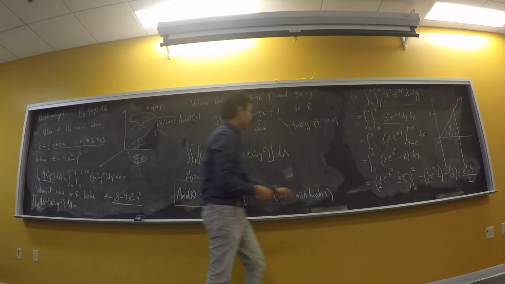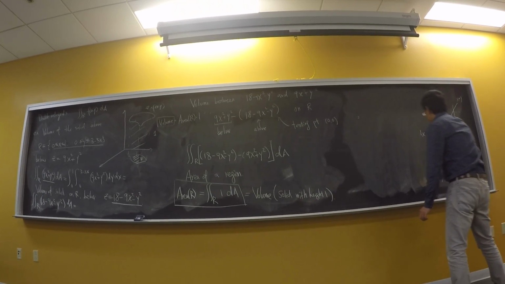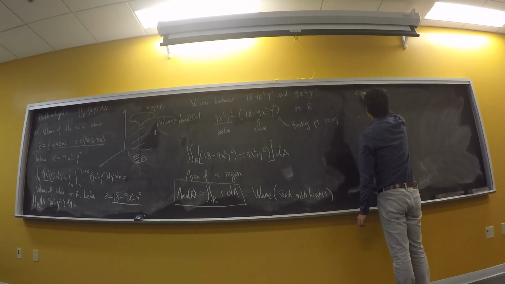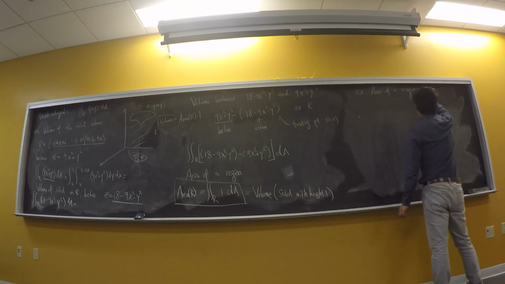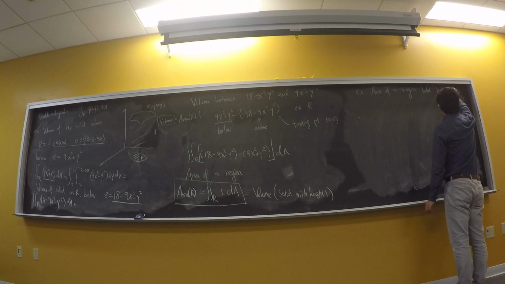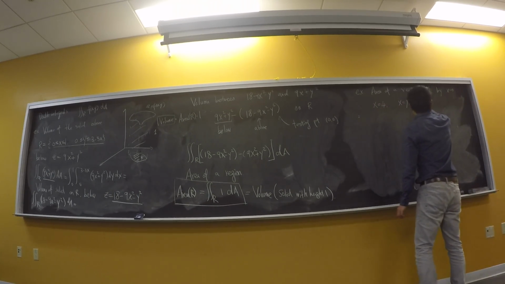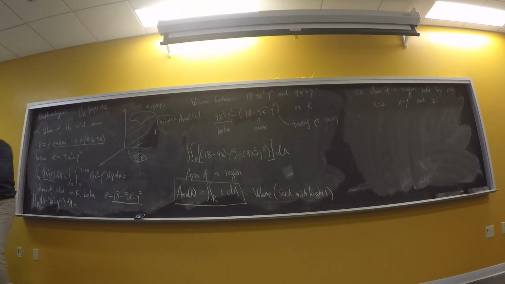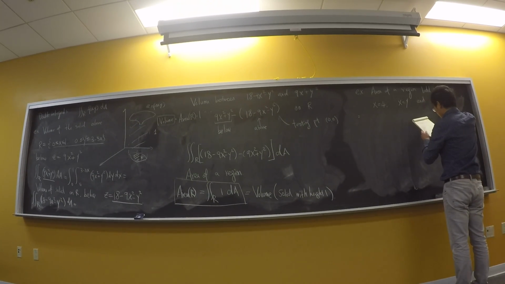So for instance, if I want you to find the following thing. I want to find the area of a region bounded by x equals 0, x equals 4, x equals y, and y is equal to 3x plus 2.